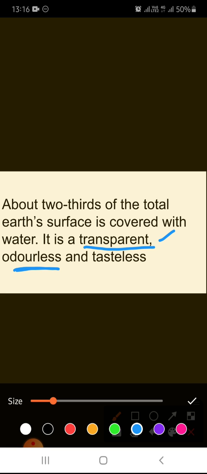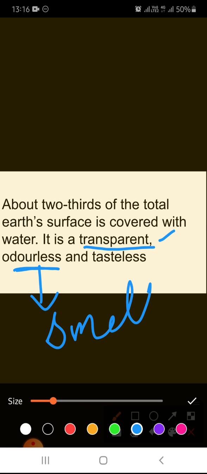When you mix rasna in it, it smells like rasna. When you add some other drinks to it, it smells like that. So water does not have its own odor. Odor means smell, so it is smellless. Water is also tasteless.